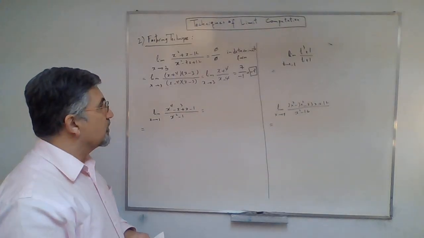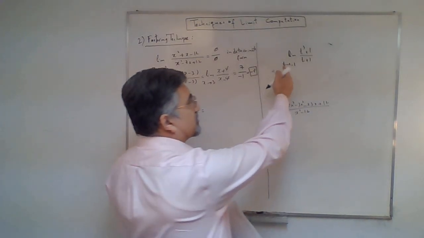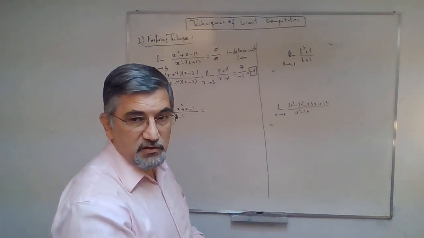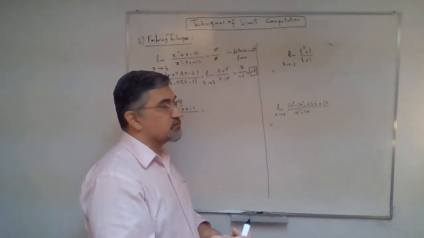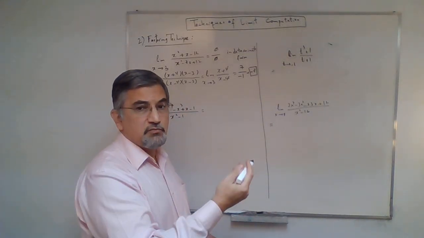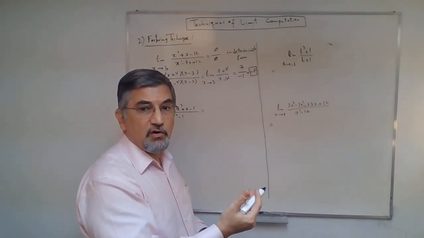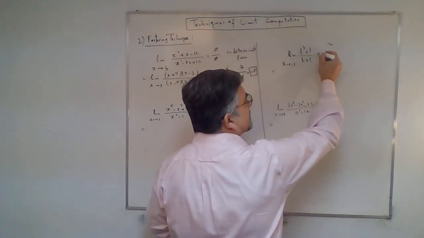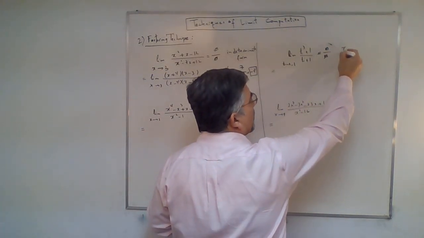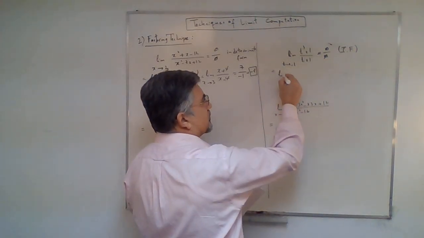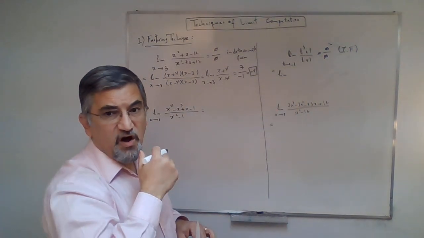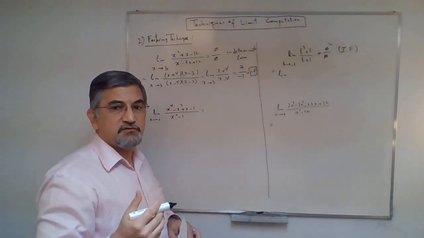Okay. Another one here, it says limit of t cubed plus 1 over t plus 1, t approaches negative 1. If you try the direct substitution method, the numerator will approach 0. The denominator also approaches 0. So this is once again 0 over 0, which is an indeterminate form. So what we're going to do is try to factor the top, but this time we use a different technique of factoring.